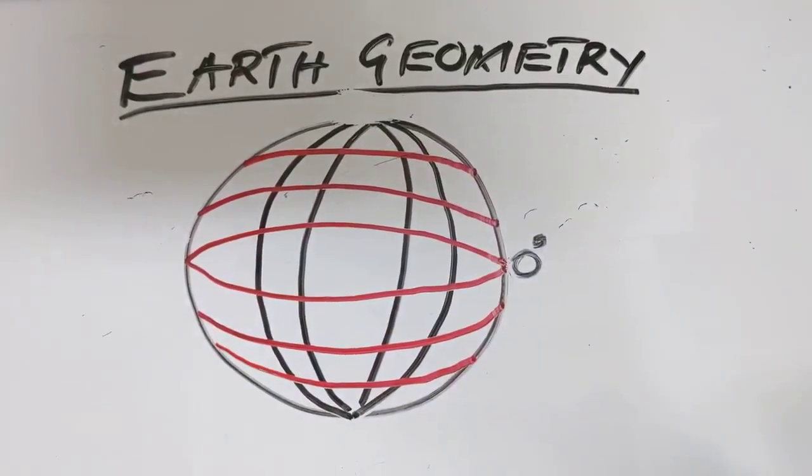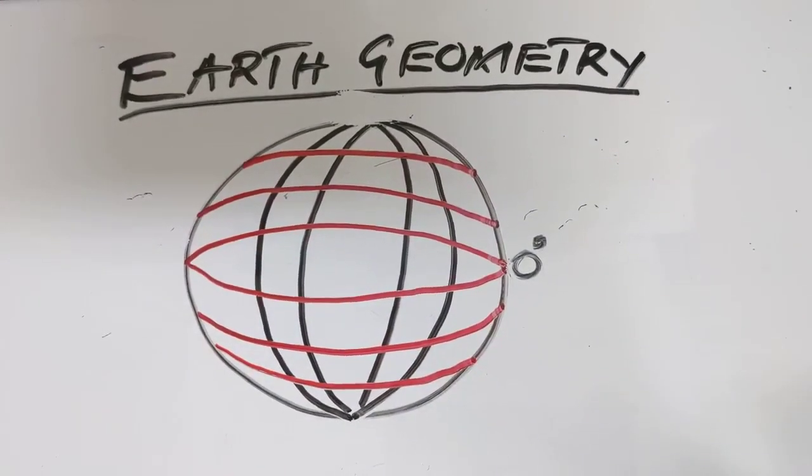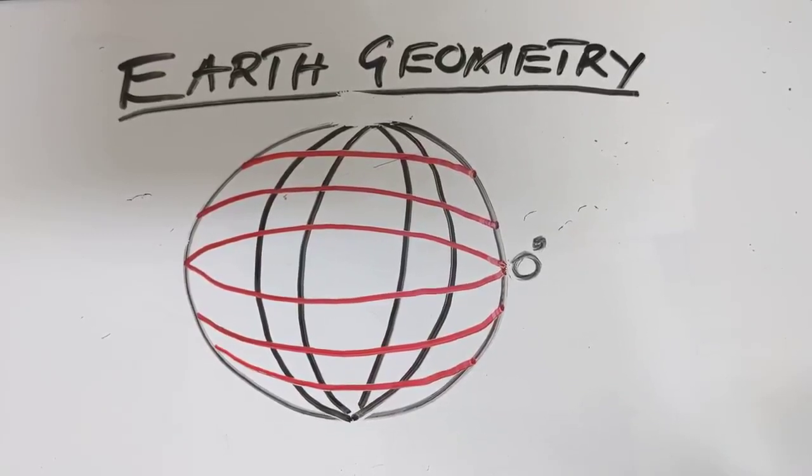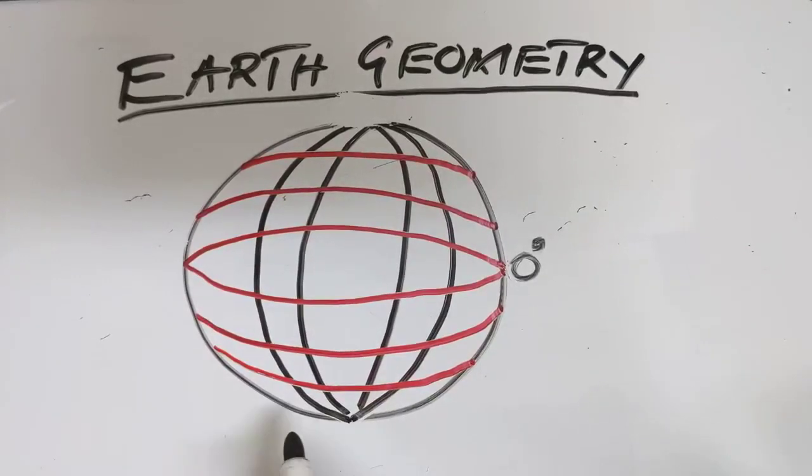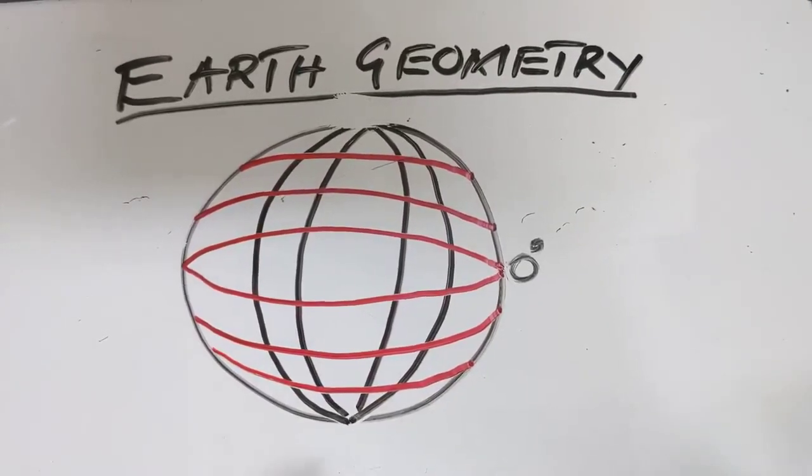Therefore, the first thing to note about earth geometry is the direction. The direction is very vital. You need to know which part is which.